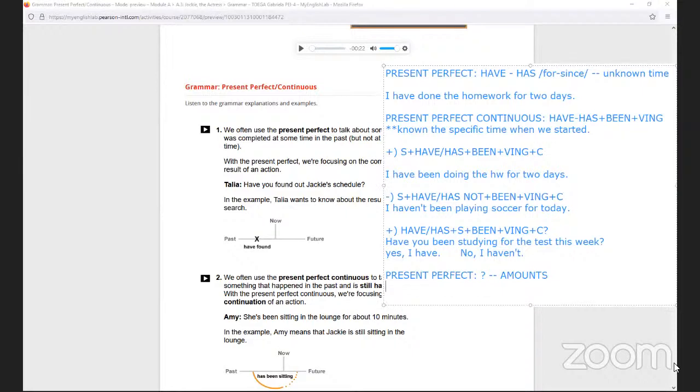For present perfect, always we're gonna use, for example, the most common, how much for non-countables, how many for countables, and how many times, okay, for talking about the time, okay?